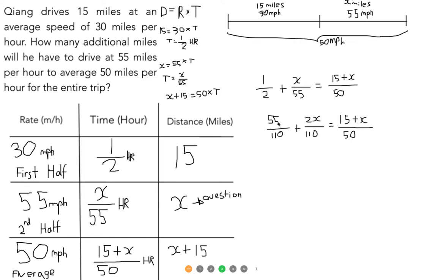And if we add the 55 over 110 plus 2x over 110, we get 55 plus 2x over 110, which equals 15 plus x over 50.